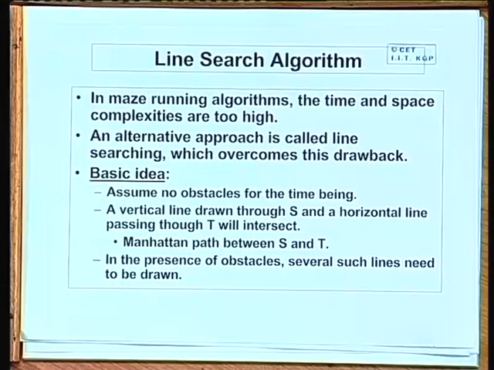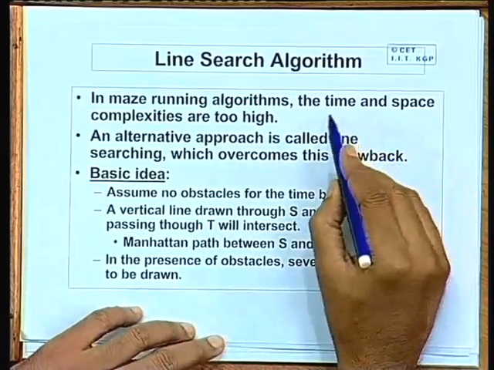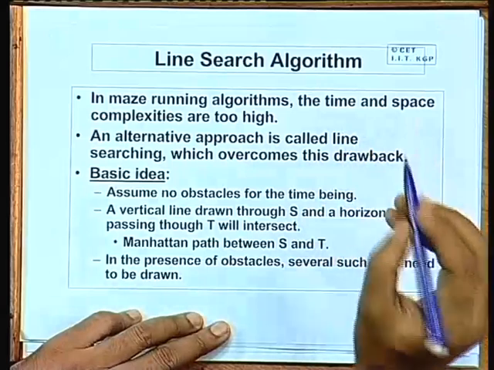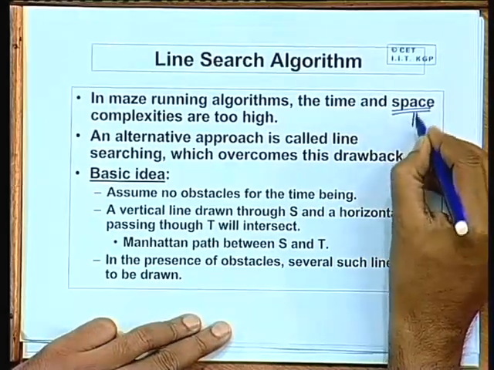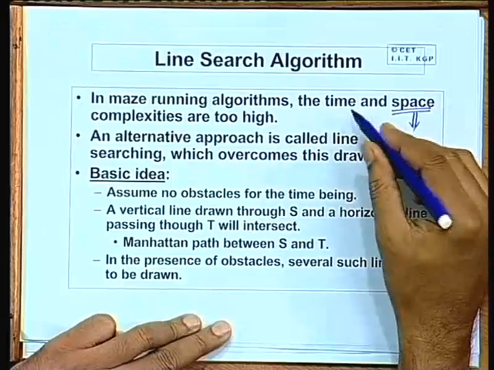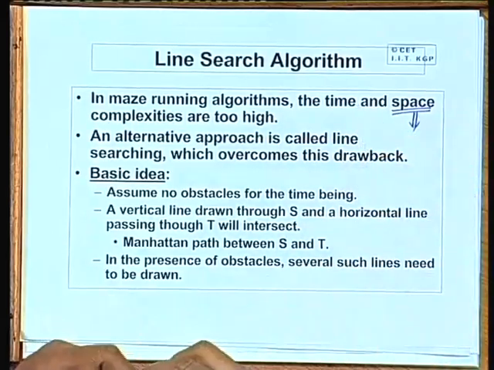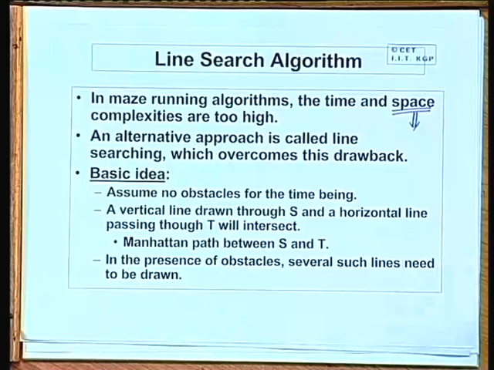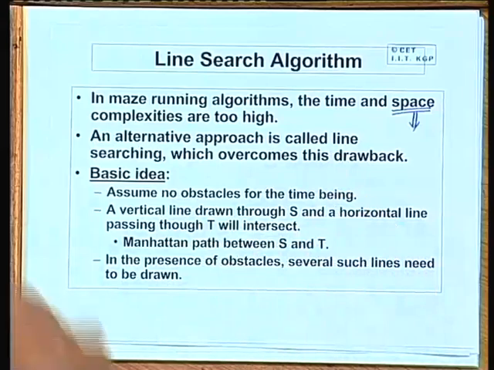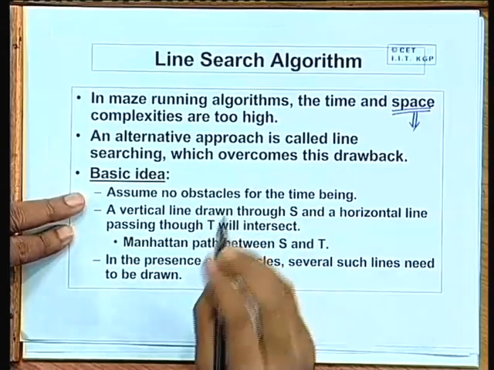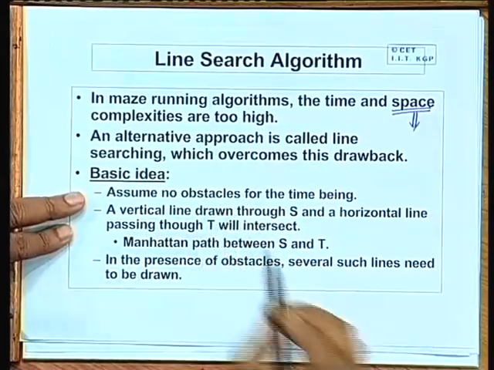Now, here let me tell you, in the line search algorithms we are not trying to reduce the time and space complexity both. In fact, we will see that we can reduce the space complexity drastically, but the time complexity really does not decrease much. Now, in case of line search algorithm, the basic idea is that, to start with, assume there are no obstacles.